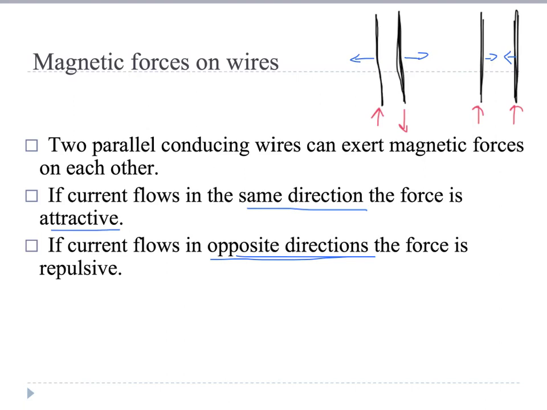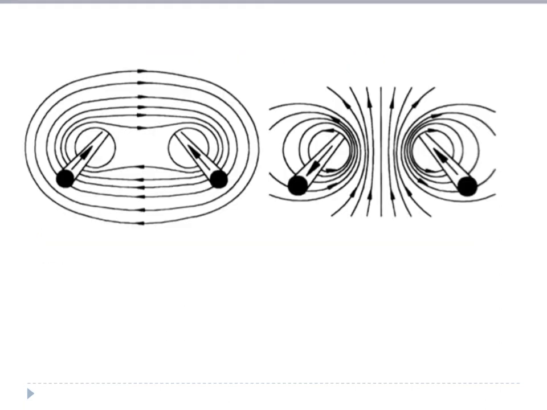So let's take a closer look at maybe why that happens. Here the magnetic fields have been drawn around them, and we've got the current flowing in opposite directions. We're looking at these wires from the top down. In one we've got the current flowing out, and in the other the current is flowing in. When that happens, if you use the right-hand rule to identify the direction of the magnetic field, you'll notice all these arrows come through the center, pointing this direction.